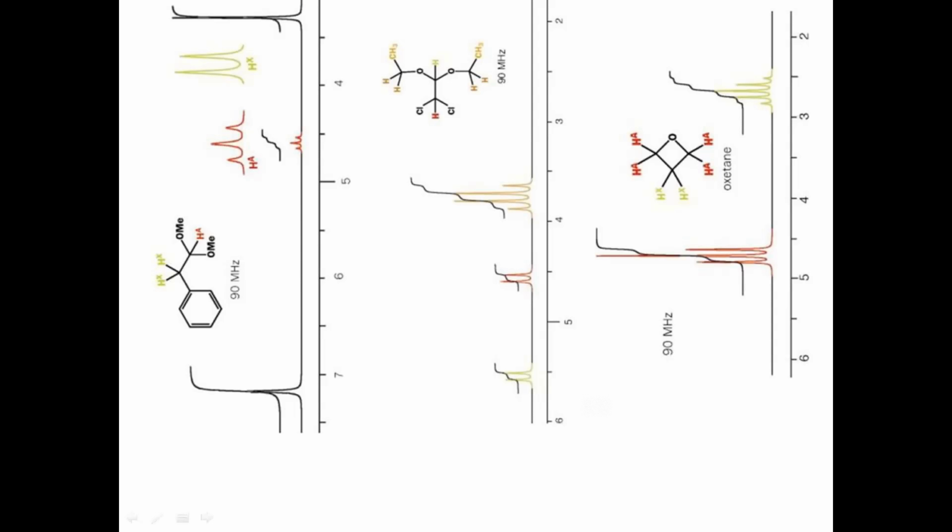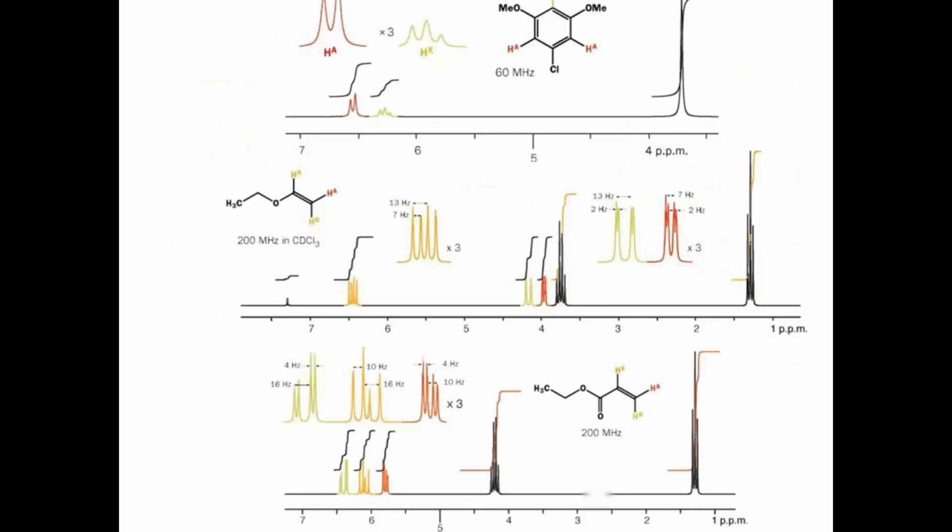And if you can see, for this proton a triplet will appear, and for this proton you can see what will appear, 2 to 4, meaning a pentet will appear.